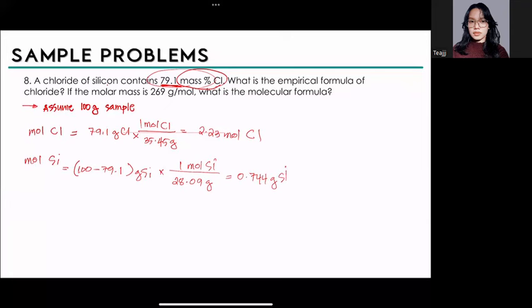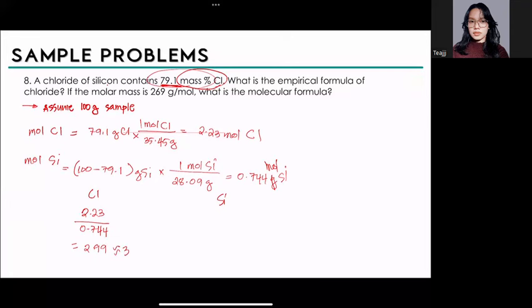Since silicon is smaller, these are moles. The moles of silicon are smaller than the moles of chlorine, so that's what we divide by. So 2.23 divided by 0.744 is equal to 2.99. Let's round that up to 3.